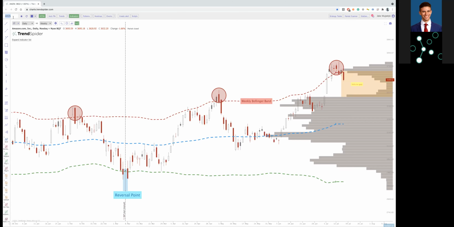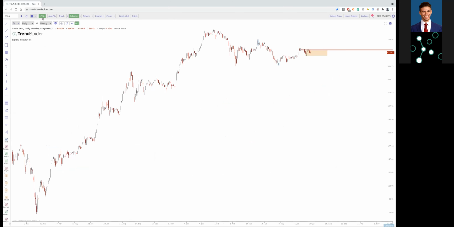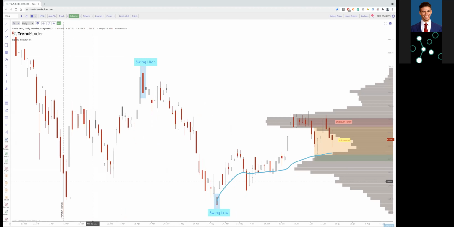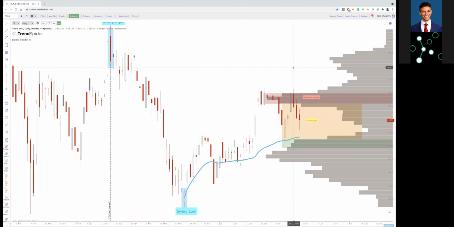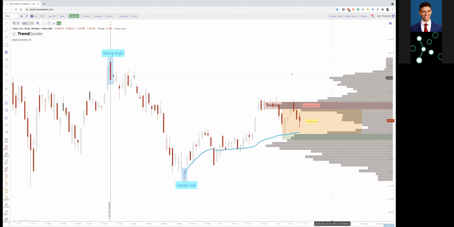But if you go to something like Tesla, this was an example a couple weeks ago. Same thing, I'm going to anchor the volume by price from this swing high. I get a lot of questions about why I'm anchoring from these spots.